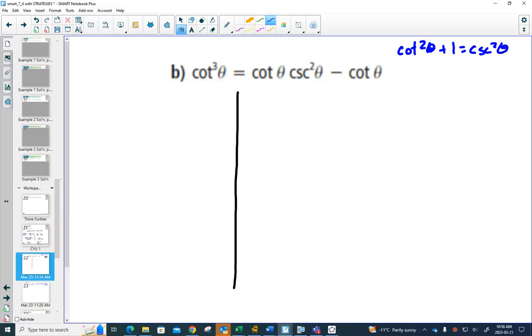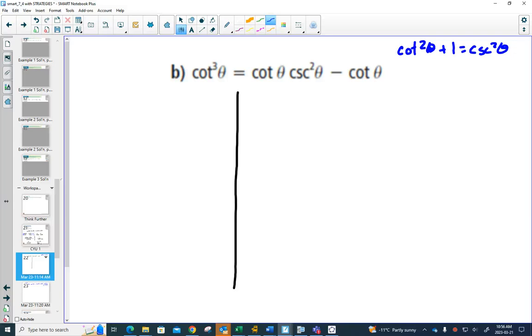And I would recommend that all of your identities you have mostly memorized. You shouldn't be doing a proof like this and not have in your head, hey, there's an identity that has cosecant squared and cotangent squared. I need to know that so that I have that as an idea.